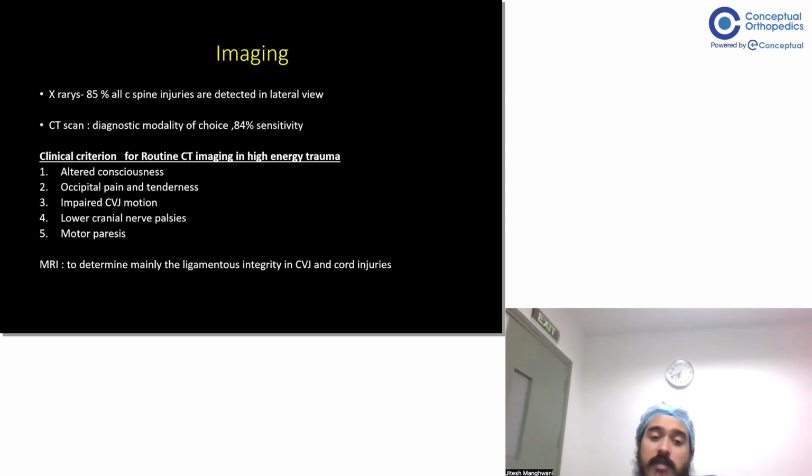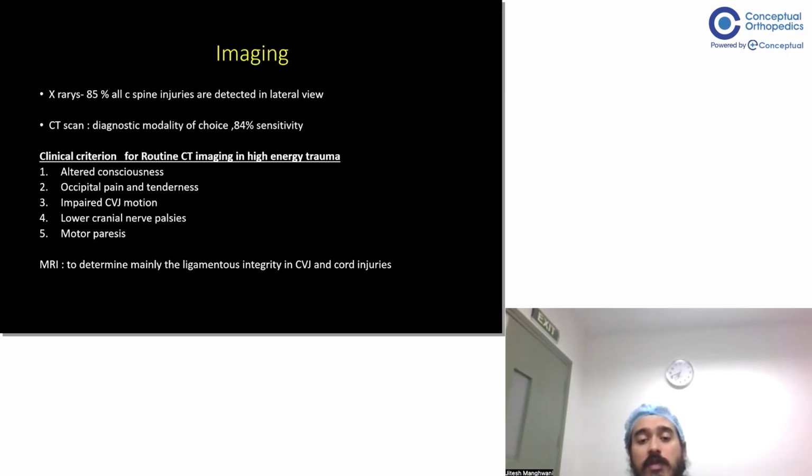MRI is done mainly to determine the ligamentous integrity in the craniovertebral junction and the cord injuries. So these are the different investigations that are used. Generally, whenever we talk about fractures, most commonly the modality of choice is actually MRI.